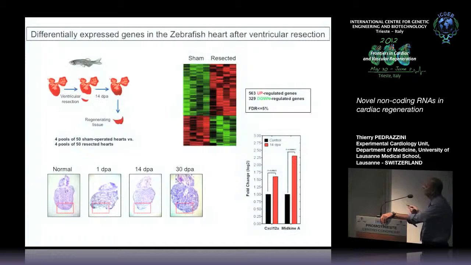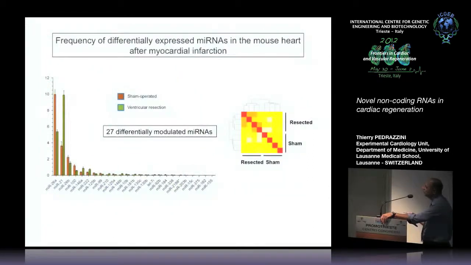There are about 1,000 genes that are differentially modulated in this situation, maybe fewer because we are using pools, so maybe the detection limit is a little bit blunted. But we have genes that have been shown to be important in regeneration that have been described in the past. Now we found 27 differentially modulated microRNA in this situation, and again, clustering analysis showed the homogeneity of the samples.